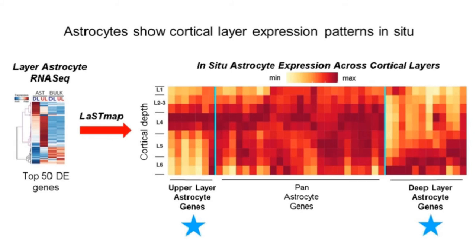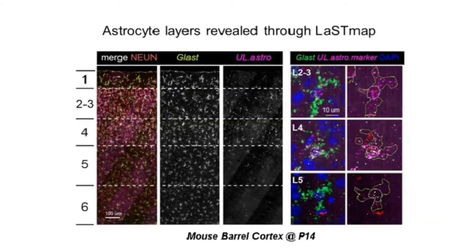Yet, even with this, we could identify a small number of genes that seem to be specific to upper and deep layer astrocytes. We then went about using our cell type specific expression measurements to further filter these upper and deep layer astrocyte candidates for astrocyte specific expression.